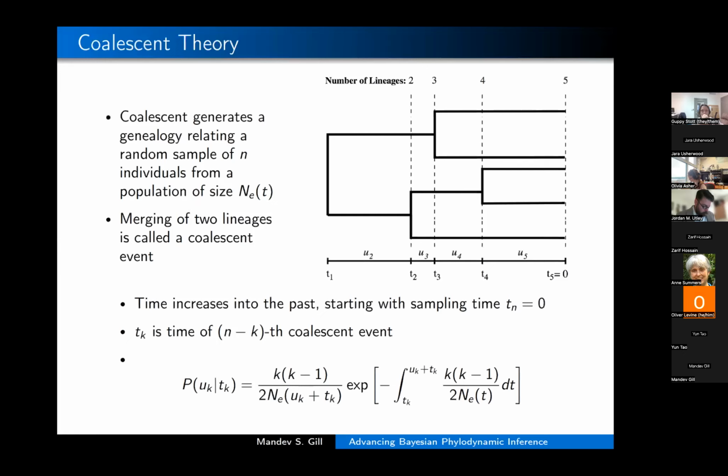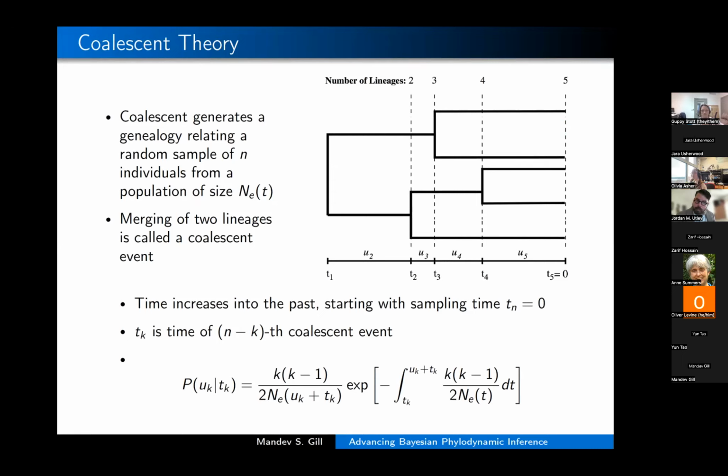So the coalescent is a stochastic process that generates a genealogy relating a sample of, let's say, n individuals from a larger population of size N_e(t). And suppose for a moment that we know the population size N_e as a function of time.